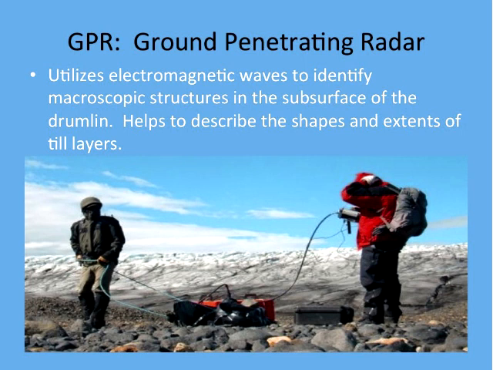Okay, great. So the ground penetrating radar utilizes electromagnetic waves. These are the same type of waves that come out of your cell phone or come out of an X-ray tool at the hospital, or visible light is an electromagnetic wave.